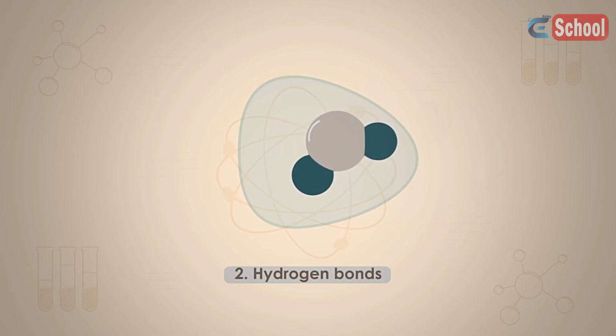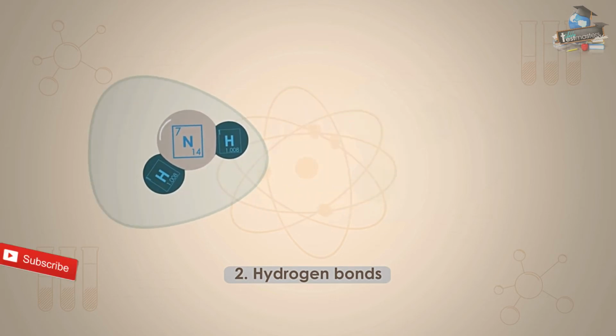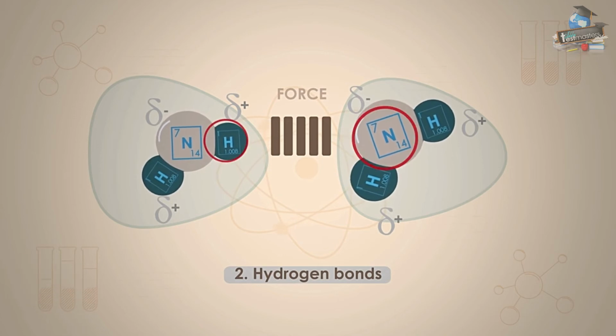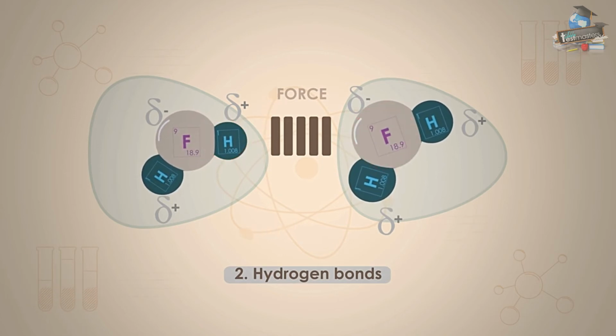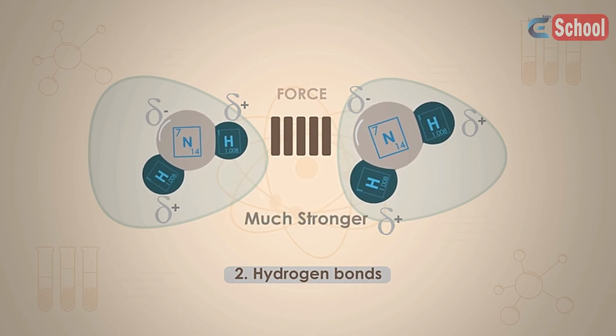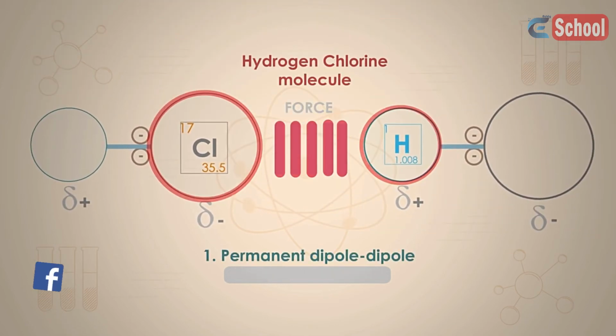The permanent dipole in a covalent bond between a hydrogen atom and a fluorine, oxygen or nitrogen atom is particularly strong. Thus, the attraction between the electron deficient H delta positive of one molecule and the lone pair of electrons on a fluorine, oxygen or nitrogen atom of another molecule is much stronger than the permanent dipole-dipole attraction mentioned before between the two hydrogen chloride molecules.